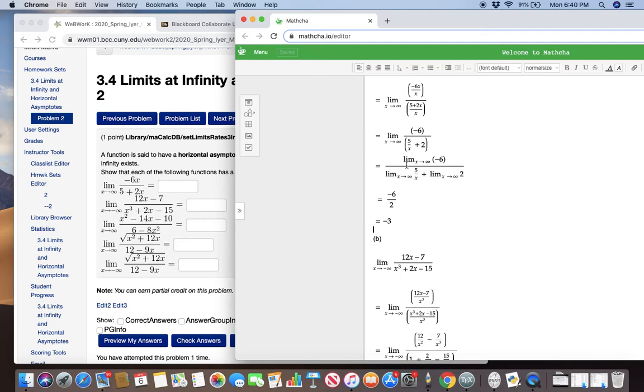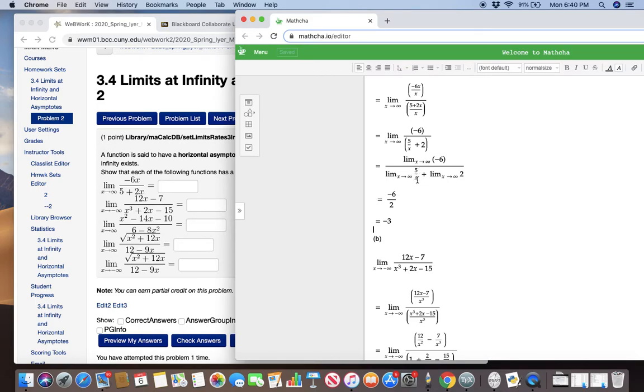On the denominator, if you saw my video on the theory, 5 over x, as x approaches infinity, gives me 0. If you don't understand it, go through my lecture slides or the video on my lecture slides; you will see the explanation.